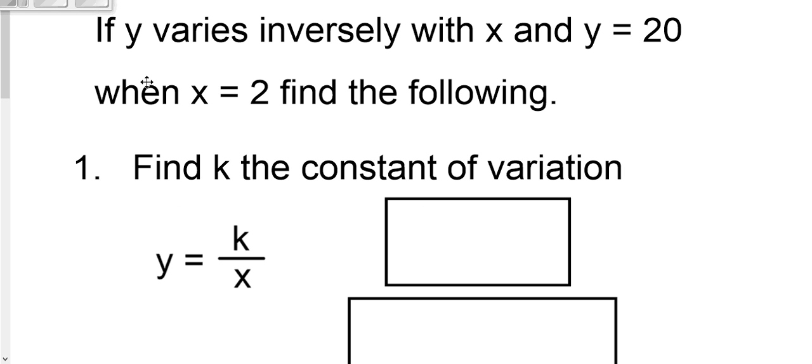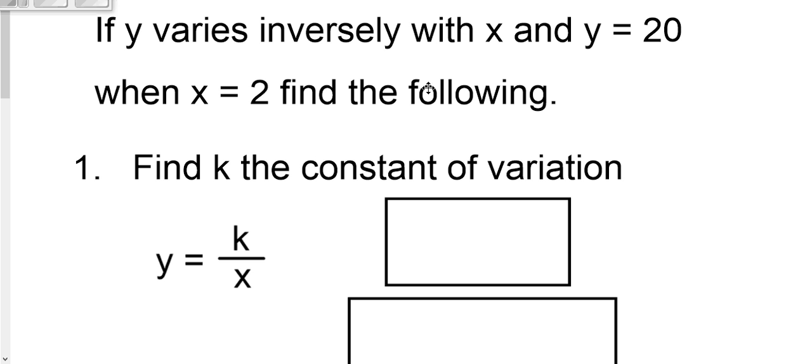So again, here's our first question. We're going to do the first question in it, which is find k, the constant of variation. So we know that y equals 20 when x equals 2. In inverse variation, we got y equals k over x. So what do we do?